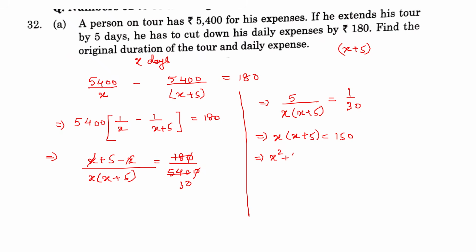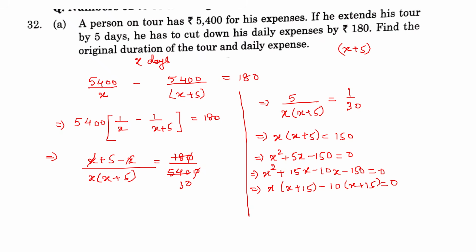So x square plus 5x minus 150 equal to 0. Now after that you have to factorize it. So 15 into 10 is 150. So we will write it as x square plus 15x minus 10x minus 150 equal to 0. Then we'll take x common. So x into x plus 15 minus 10 into x plus 15 equal to 0.